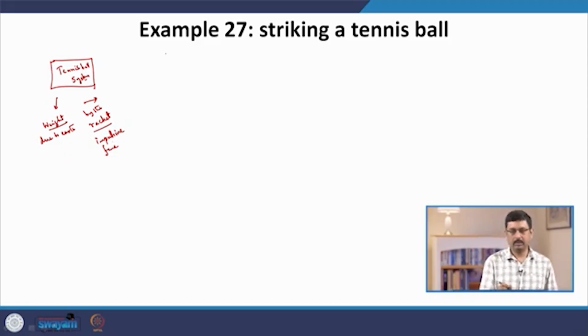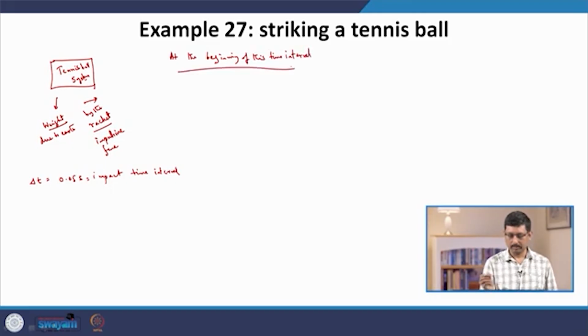Again, the simplest approach is that we will look at the time interval delta t, the impact time interval, at the beginning of this time interval, and we will look at the momentum of the system at the end of this time interval.